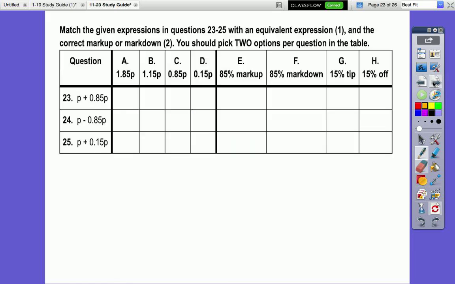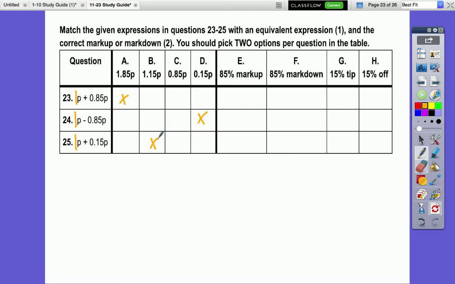23, this is 23, 24, and 25. So when we combine our like terms here, I always like to put a 1 here and a 1 here and a 1 here. So 1p plus 0.85p will give us 1.85p. 1p minus 0.85p will give us 0.15p, and 1p plus 0.15p will give us 1.15p.